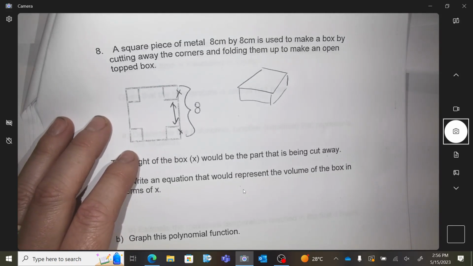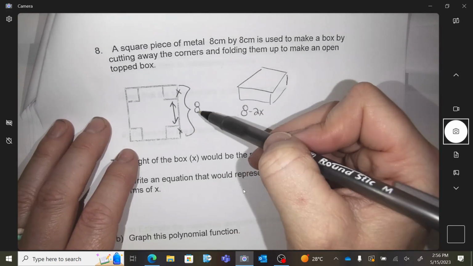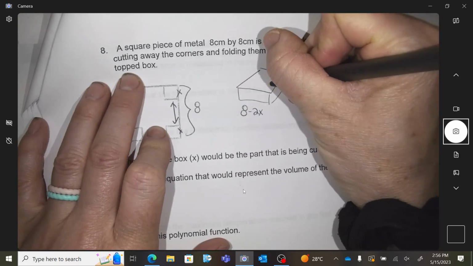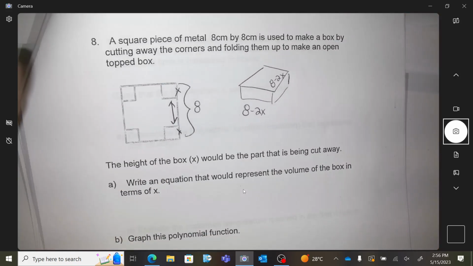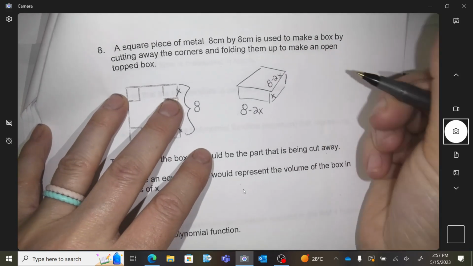You remember how to do that? 8 minus 2x is left because I had 8 and I cut off an x and an x. And then do you remember what the dimension is once you fold that flap? x.